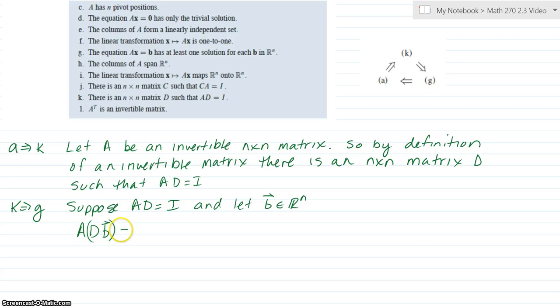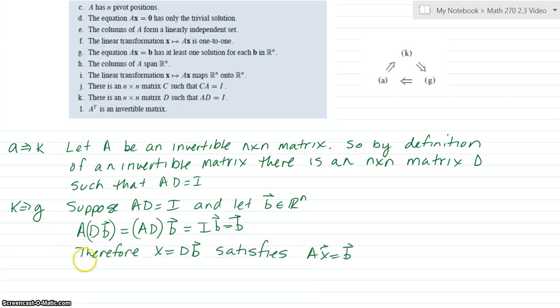That's going to be my X. So I'm going to switch this to ADB, which we know is I, which we know is B. So what does that tell us? That tells us that we found an X. It tells us that X, being this DB, satisfies AX equals B, because if I put this in here, I get this line above.